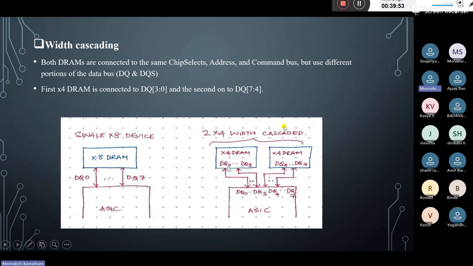Here DQ0 to DQ3, only 4 bits are allowed if we use an x4 DRAM. With an x8 DRAM, bits 0 to 7 are accessed at a time. If we use x16, bits 0 to 15 are accessed at a time by this DRAM.